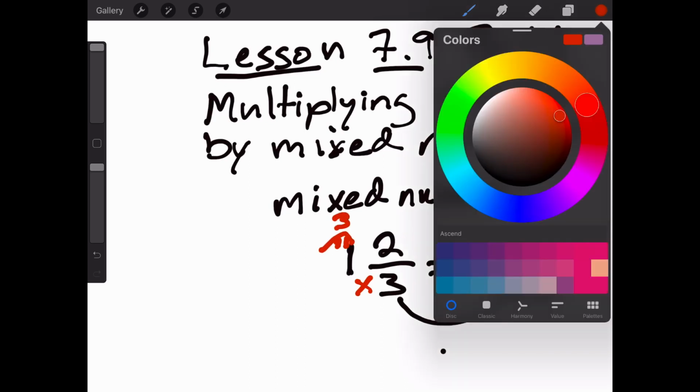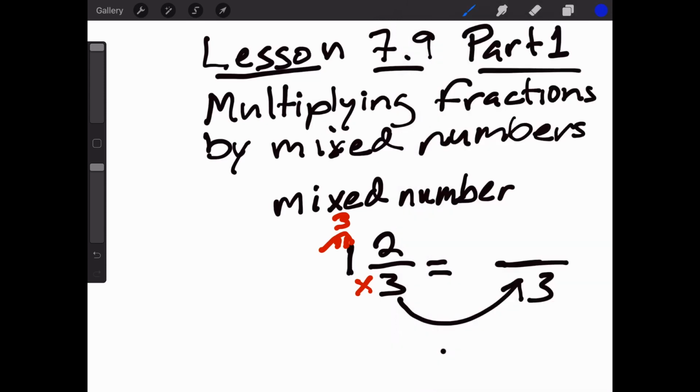After that, I'm going to change the color. I'm going to turn it to blue. After that, you're going to add your 3 plus 2. So 3 plus 2 would equal 5, okay? So now this would be an improper fraction.